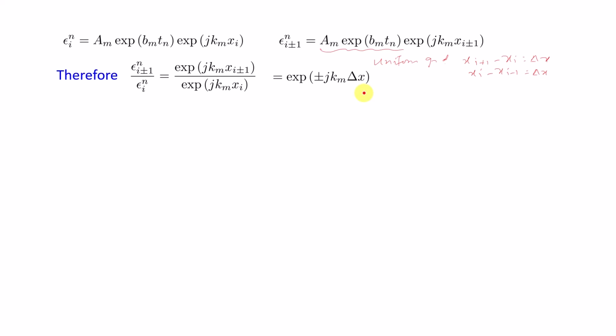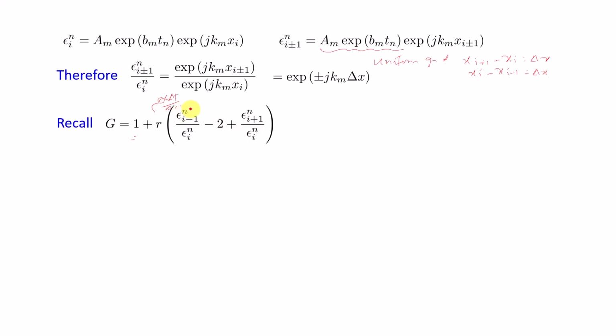Now we go back to the definition of g. We have defined g in this way. So g is 1 plus r, where r is alpha delta t by delta x square, times epsilon_{i-1} divided by epsilon_i, minus 2, plus epsilon_{i+1} by epsilon_i, all at nth time level.